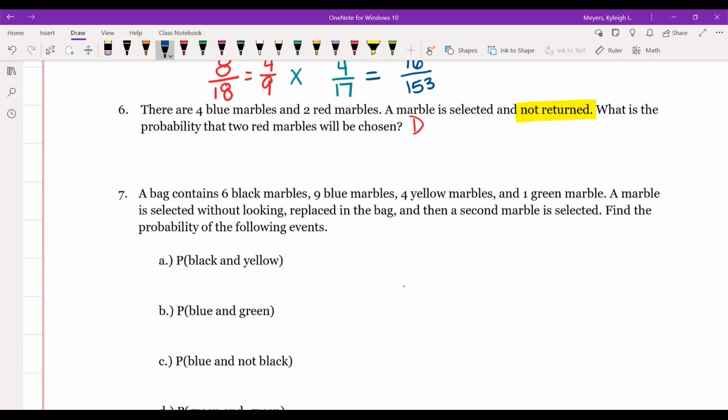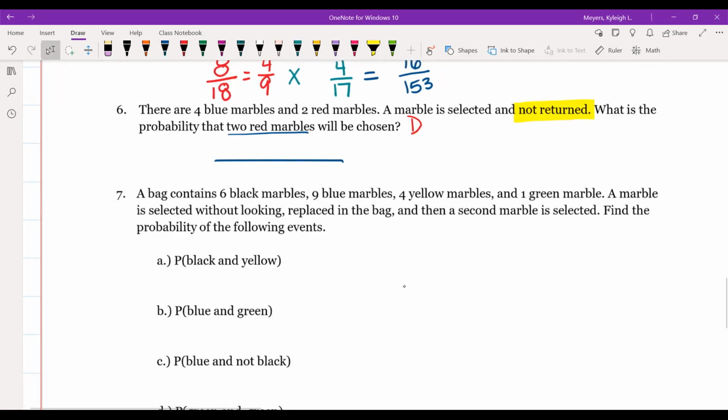So for the first time, there are 6 marbles total. Out of 6 marbles, we have 2 red, or 1/3. The second time, we only have 5 marbles left in there. And because I already took out a red one, only one of them is red now. So what's 1/3 times 1/5? You should get 1/15.